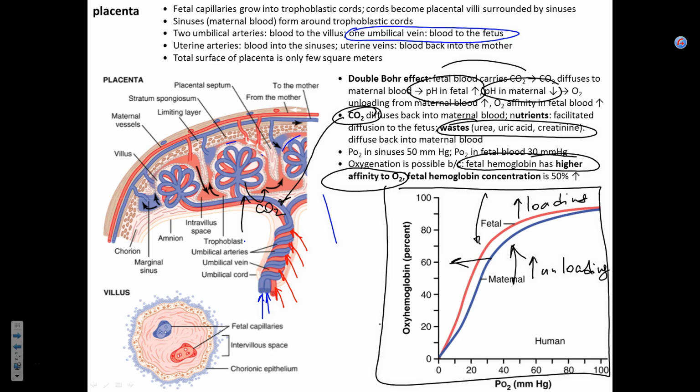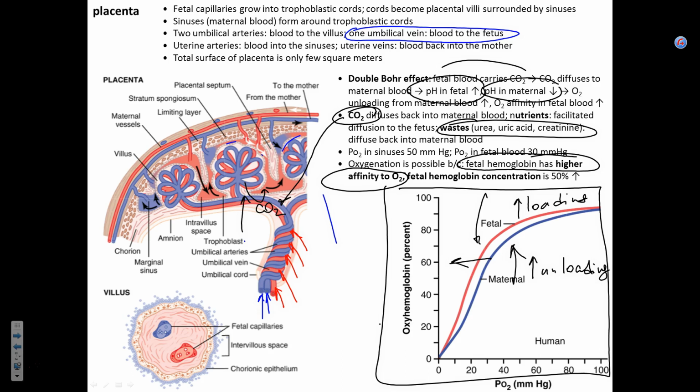Water, it's water. Okay? Now, not only this, fetus also metabolizes proteins. Products of the protein metabolism are different compounds like urea, uric acid. They go to maternal blood. Okay? Creatinine, product of creatine phosphate metabolism, goes into the maternal blood as well.